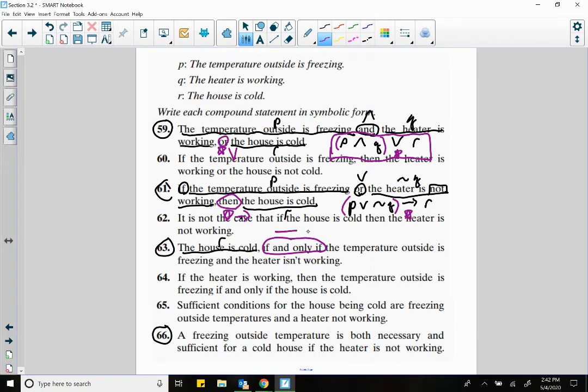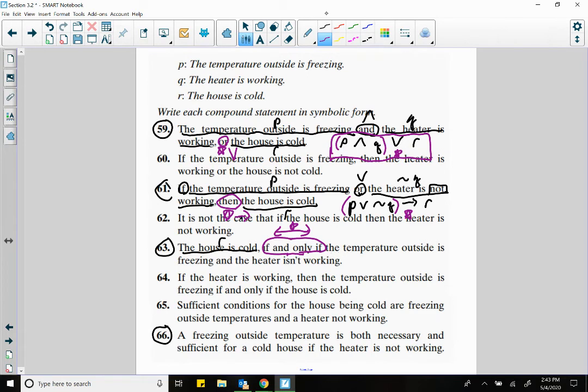If and only if is our strongest symbol because there is a comma in front of it. Comma signifies the strength as being the top honcho. Okay, and that makes sense because biconditionals are the strongest overall.